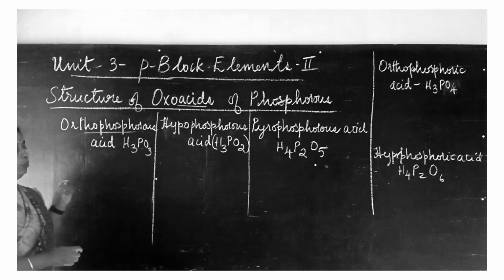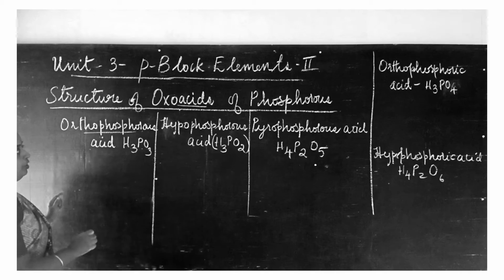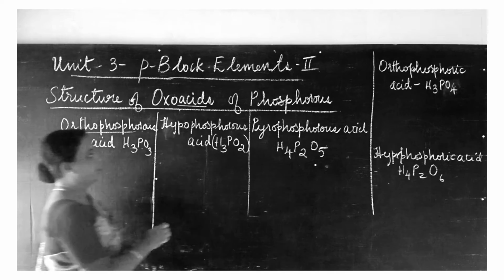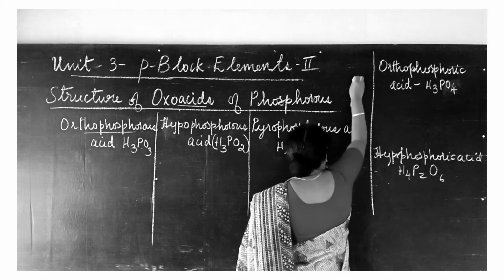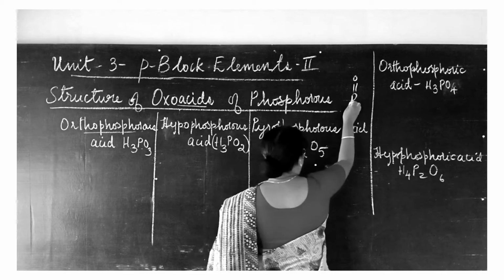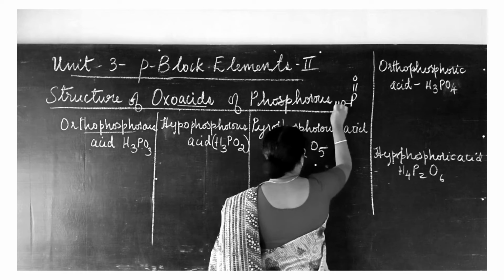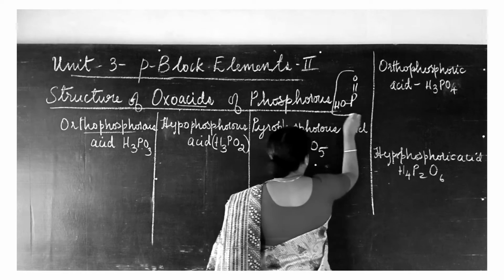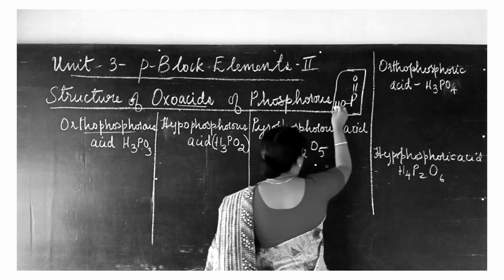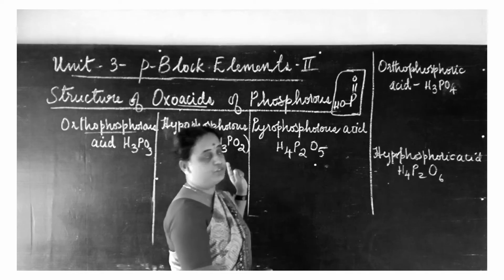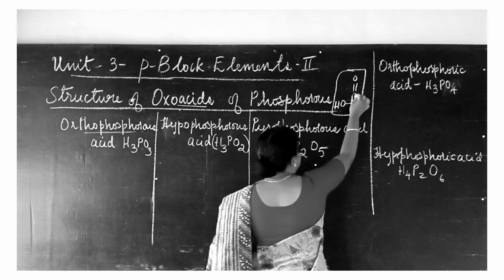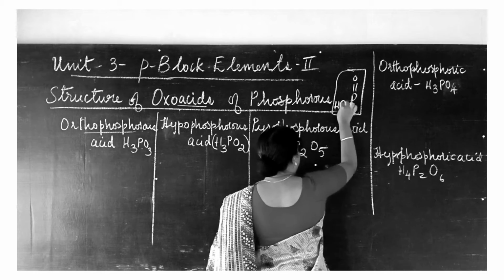I want to tell you one thing: for all the oxoacids of phosphorus, there is a phosphorus atom with a double bond to an oxygen atom and one OH. This should always be there in each structure of oxoacids of phosphorus. Phosphorus double bond O, bond OH.